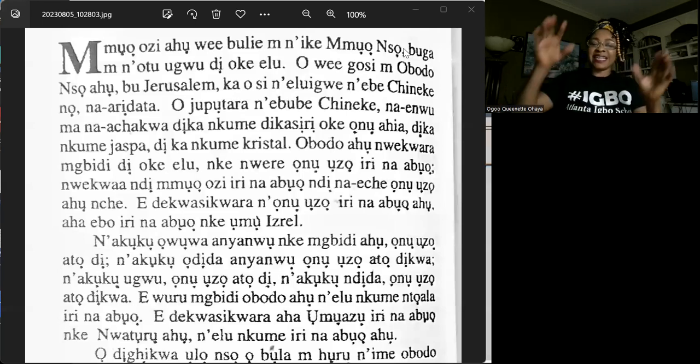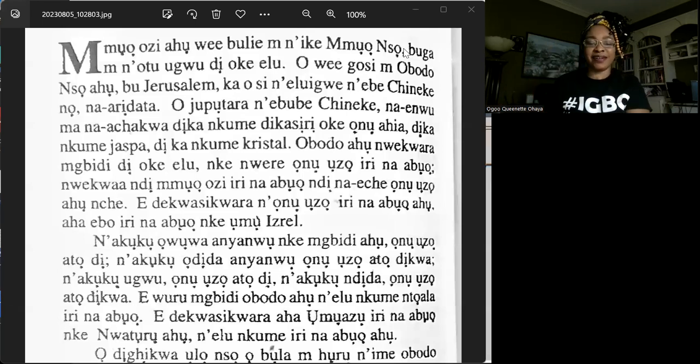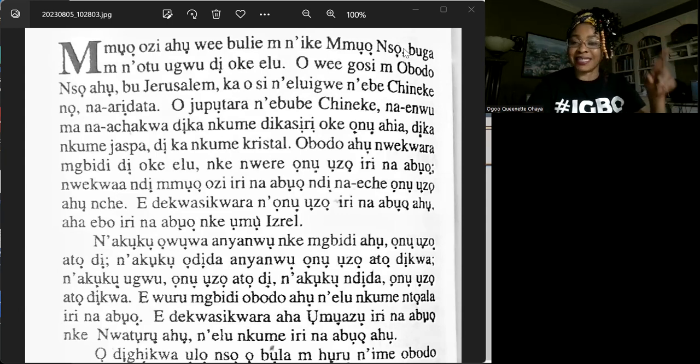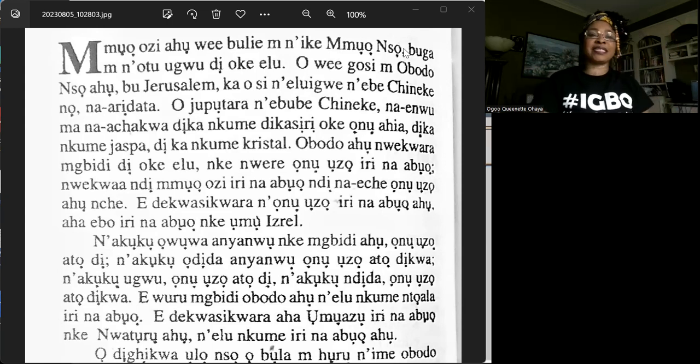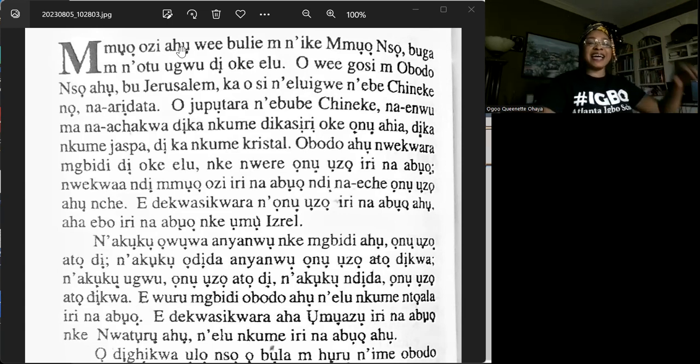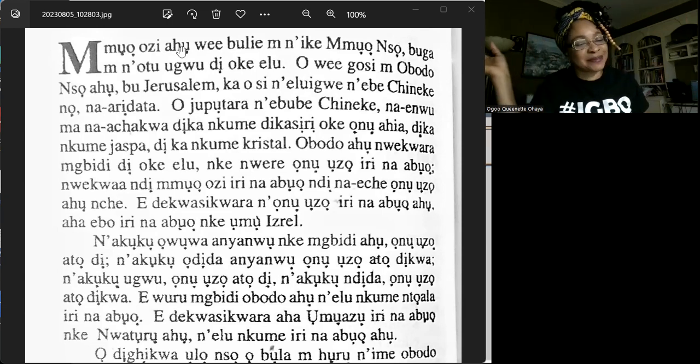Then when you say that boy, or that man, nwoke ahụ. You see, this ahụ means that. But when you are writing it in English, that comes first. Then in Igbo, that comes last.